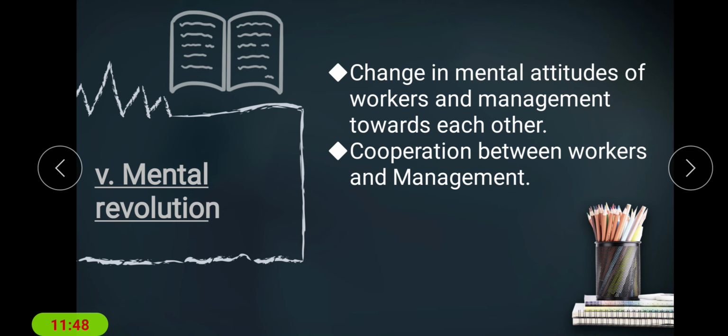That means it is very necessary for workers and management to keep trust in each other. It emphasizes keeping a positive attitude towards each other: management should always trust their employees and employees should always keep faith in their management, because together they can achieve the goal of the organization.